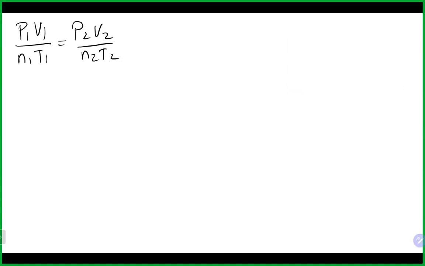When I read the question, it doesn't mention anything about moles or grams, and it doesn't mention anything about temperature, or you're told it's held constant. All you have to do is come to this formula and scratch out what is not mentioned. And if I do that, that becomes Boyle's law that we learned earlier.